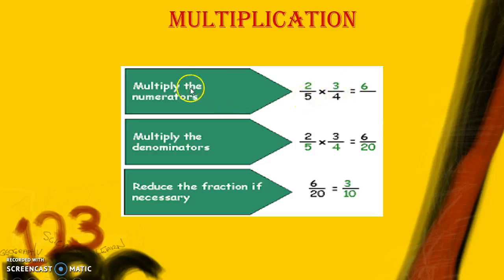Firstly, multiply the numerators. 2 multiplied by 3, we get 6. Second, multiply the denominators. 5 multiplied by 4, we get 20. And lastly, reduce the fraction. 6 over 20 reduces to 3 over 10.